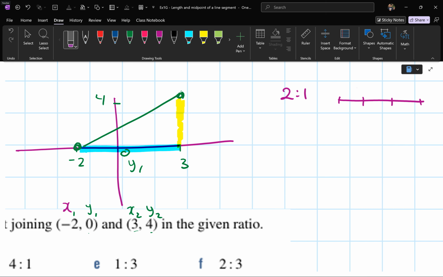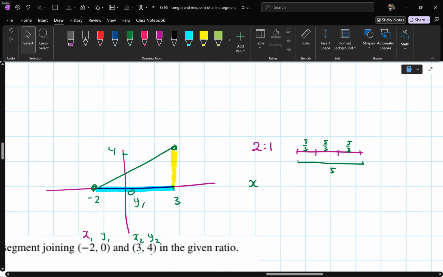Now the distance that you can see is that from -2 to 3, that's a total distance of 5 horizontally. So horizontally, for x, the distance is 5. If you want to split it up into 3, you got to do 5 divided by 3. So that means this is 5/3, this is 5/3, and this is 5/3, right?